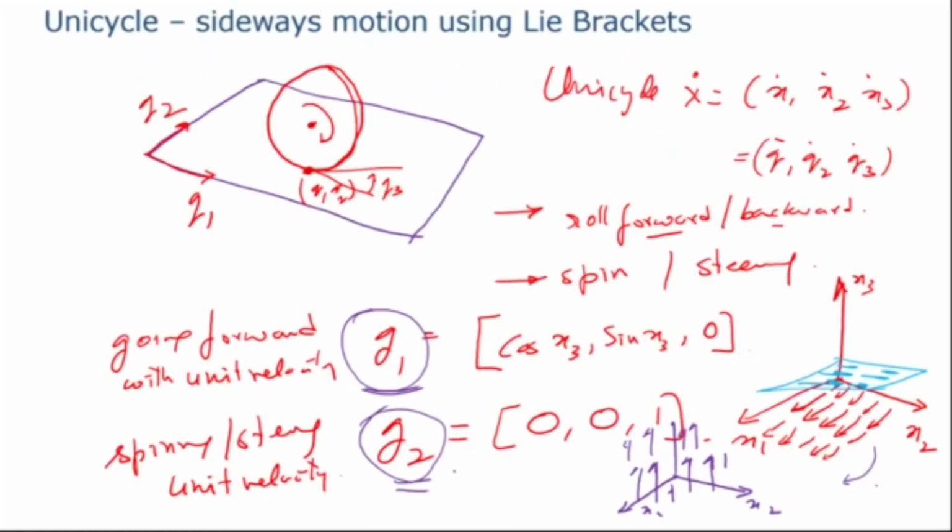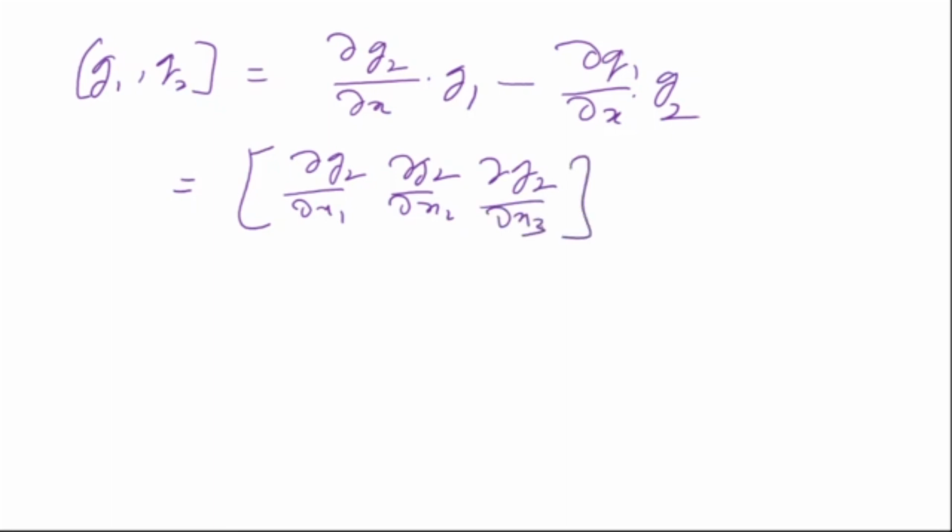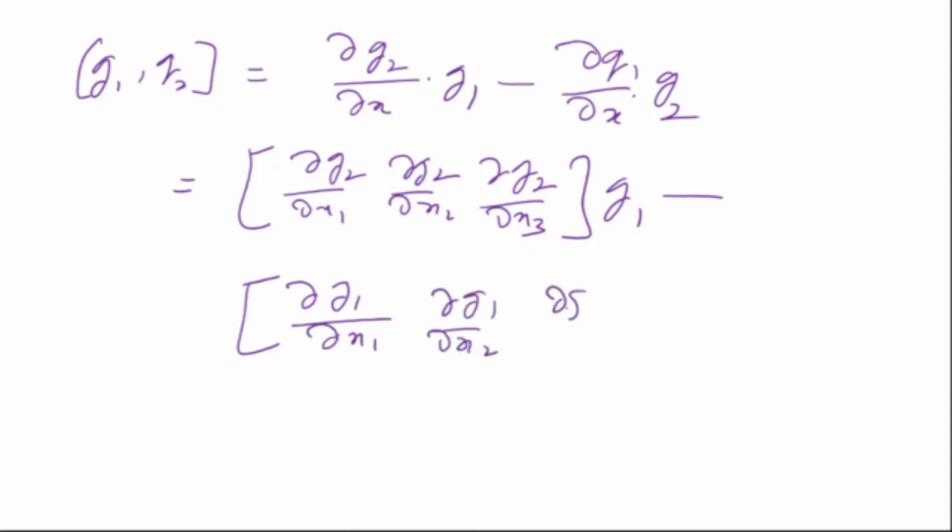So if I take the derivative now, this is going to become equal to the partial derivative of g2 by dx1, dx2 and dx3, into g1, minus the partial derivatives of g1 by dx1, dx2 and dx3, into g2.